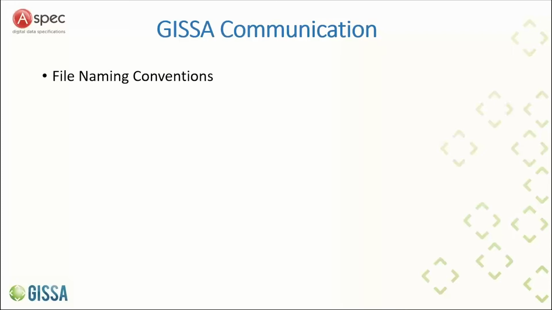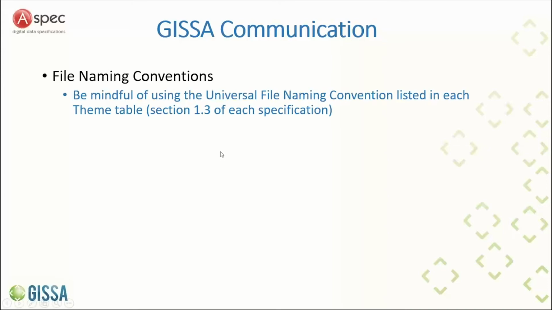File naming conventions. So we want to communicate this to you. Each table 1.3 of each specification has a universal file naming convention. We request that you adhere to that.